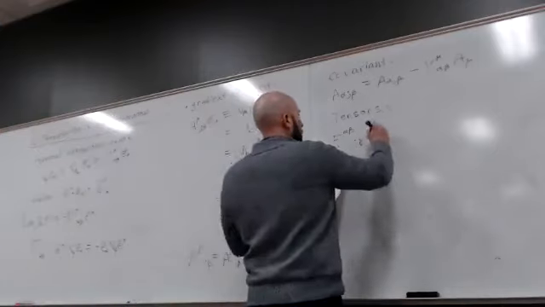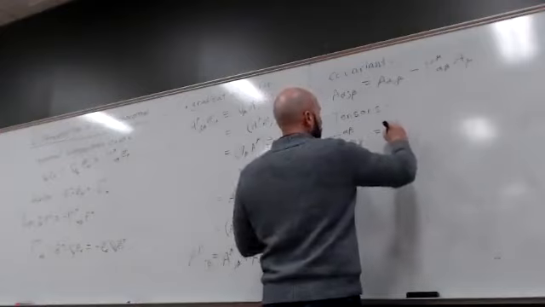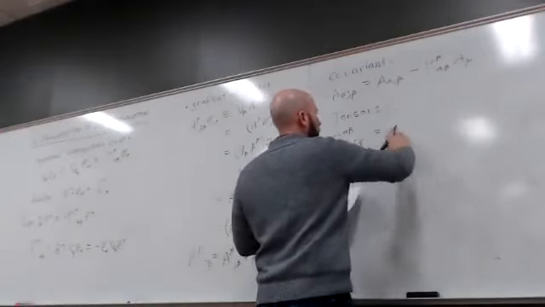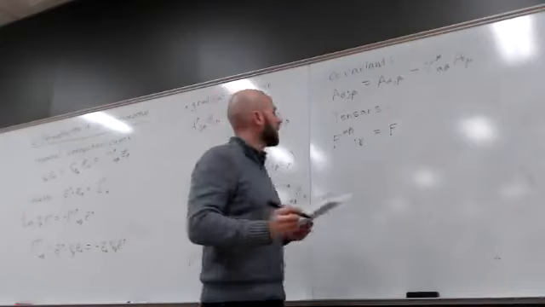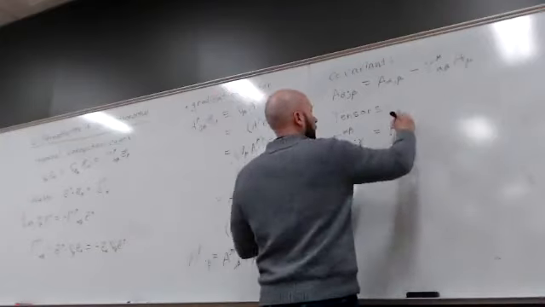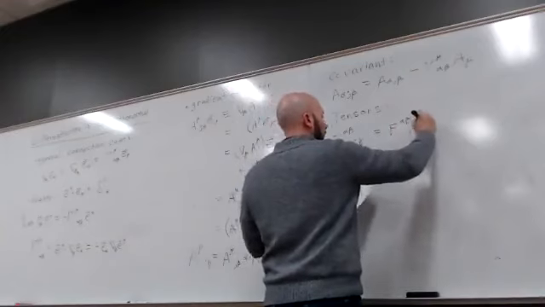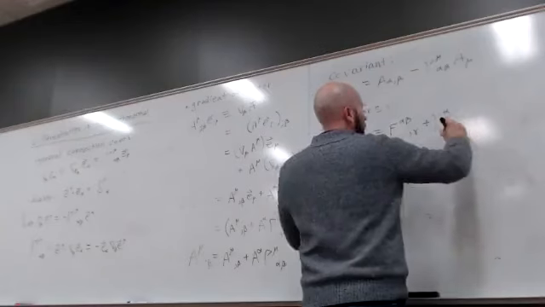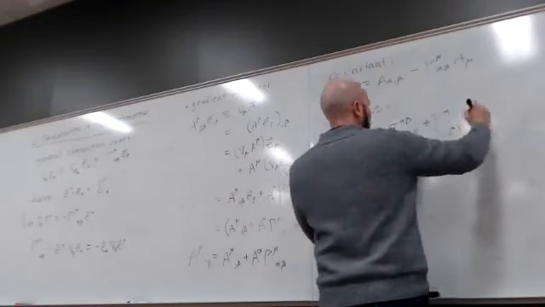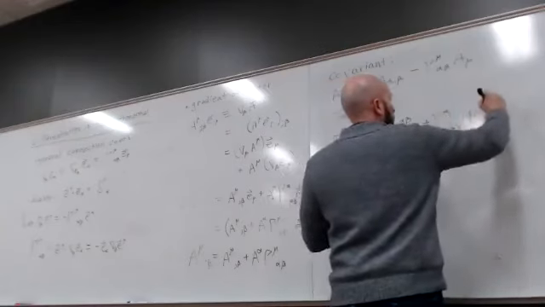So now we're going to write this out. F alpha beta comma gamma plus gamma alpha mu gamma F mu beta.